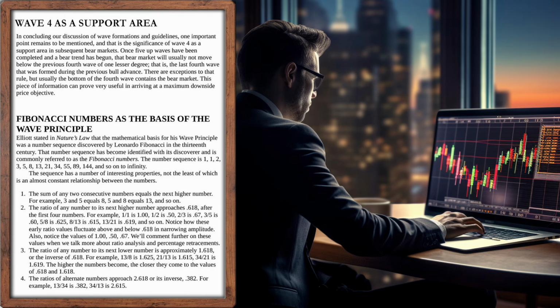For example, 13/8 is 1.625, 21/13 is 1.615, 34/21 is 1.619. The higher the numbers become, the closer they come to the values of 0.618 and 1.618. 4. The ratios of alternate numbers approach 2.618 or its inverse, 0.382. For example, 13/34 is 0.382, 34/13 is 2.615.